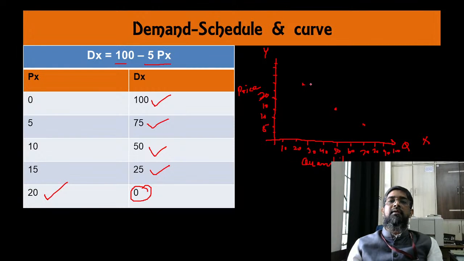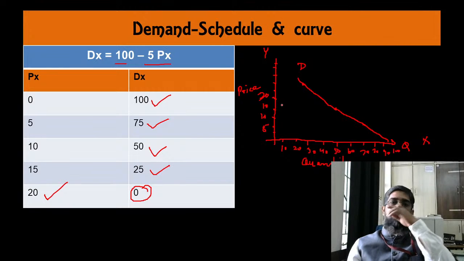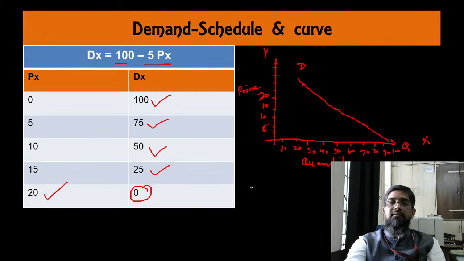So somewhere here. If you connect these points, you will get your demand curve. So at different prices you have different quantities, which can be shown with the help of this diagram. This is known as the demand curve, right?